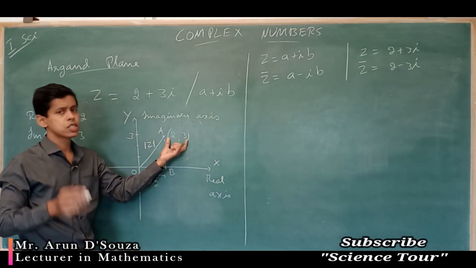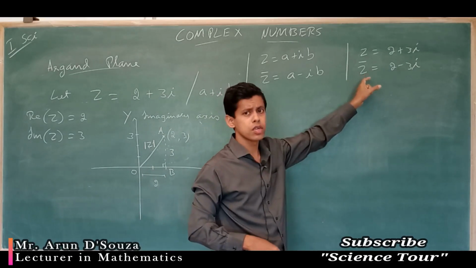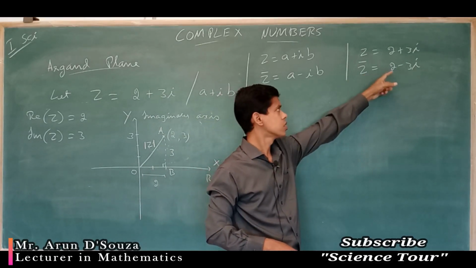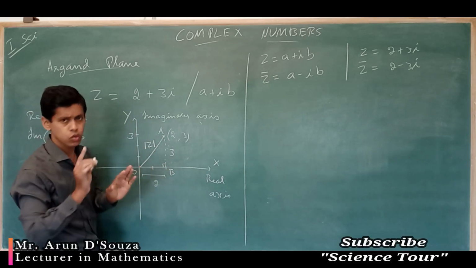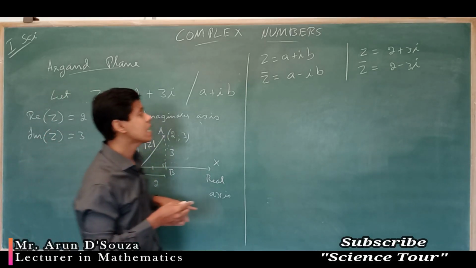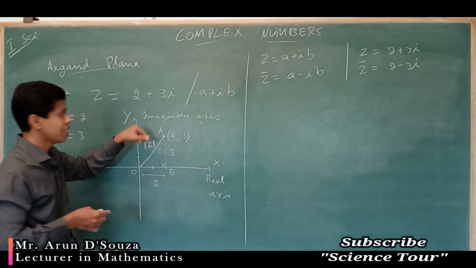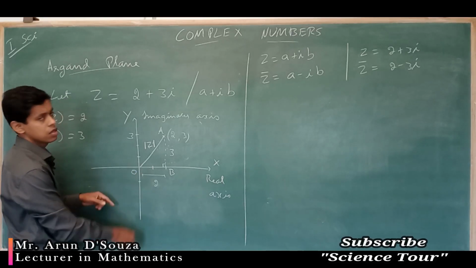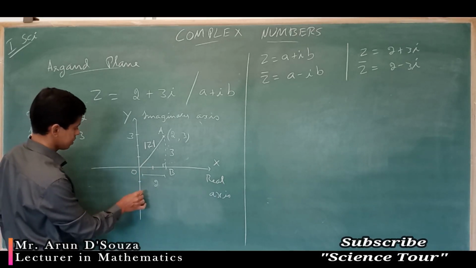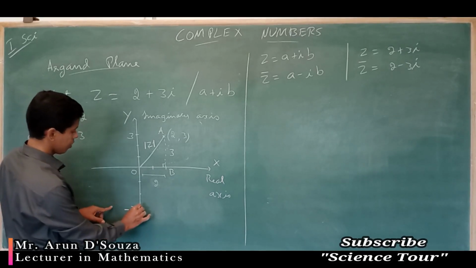So this point is (2, 3). Now I have to plot z bar. So z bar is 2 minus 3i. Along the x-axis it is 2 itself, but along the y-axis, the imaginary part, it is minus 3, on the negative side of the y-axis.